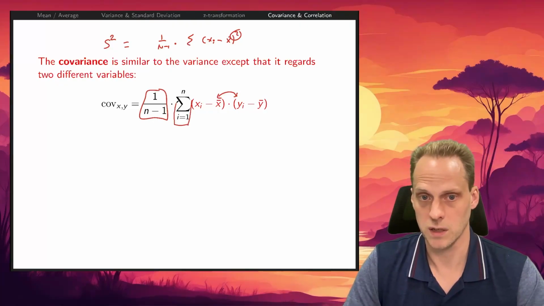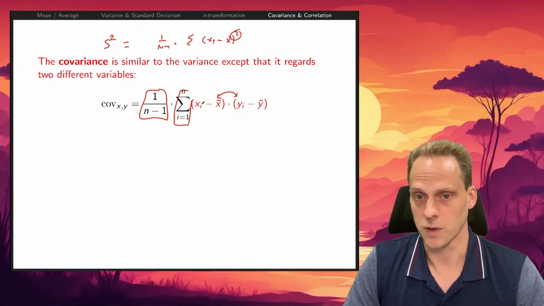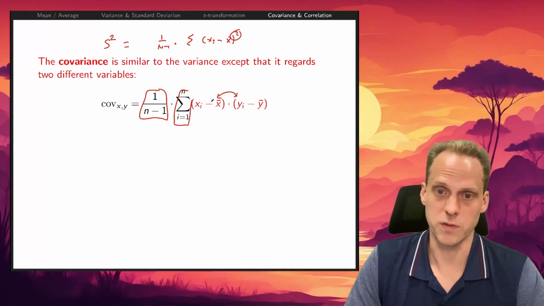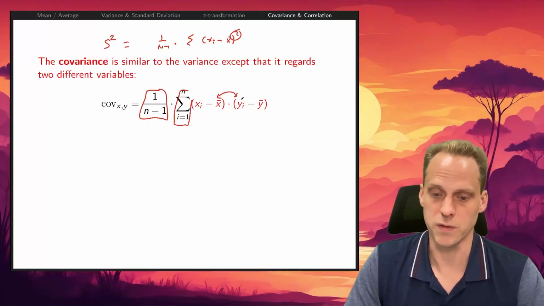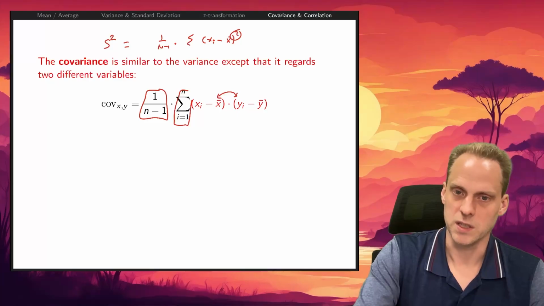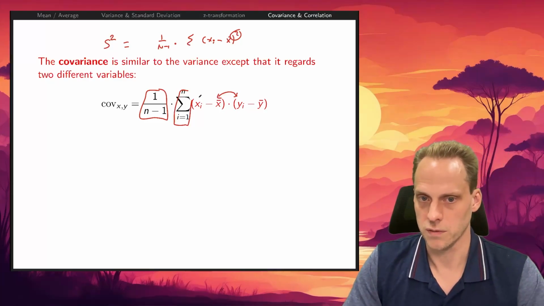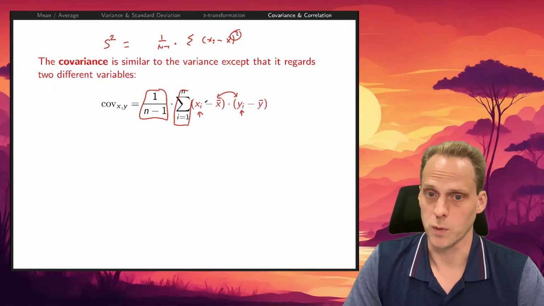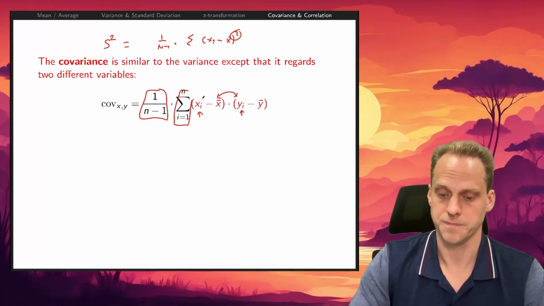We have our sum sign. And then we multiply the deviation from the mean in one variable with the deviation from the mean in the other variable. So this number will be positive if xi is above the mean and yi is also above the mean, or if they're both below the mean, and negative otherwise.